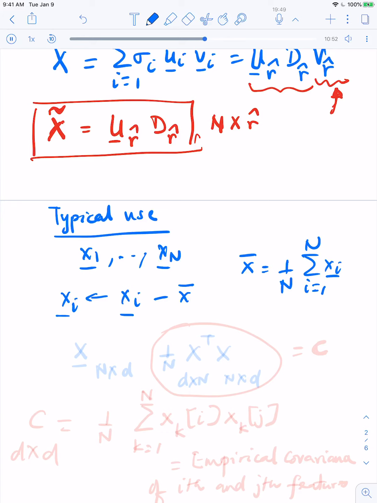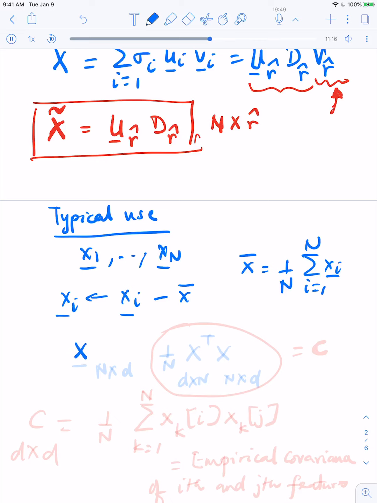Once you do that, let's also realize that the PCA, the SVD, is related to the eigen decomposition of the A transpose A matrix. So let's look at what that means here.